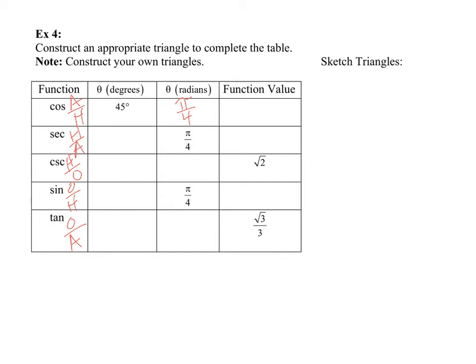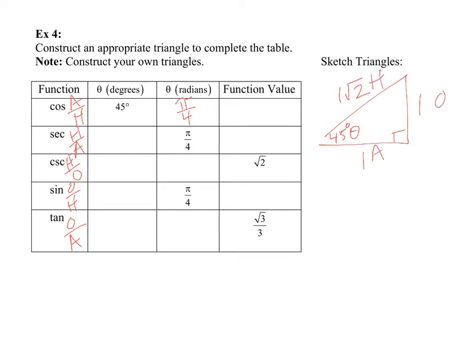All right, then it says function value. Okay, well, I'm going to have to sketch a triangle here, and I have 45 degrees for my theta, or one of my angles. That's my theta here. All right, so I'm going to make up side lengths for the legs. I'm just going to call them both 1. All right, so what would be the length of the hypotenuse then? It would be 1 square root of 2. All right, and coming up with the function value, it's adjacent over hypotenuse, so that's adjacent.